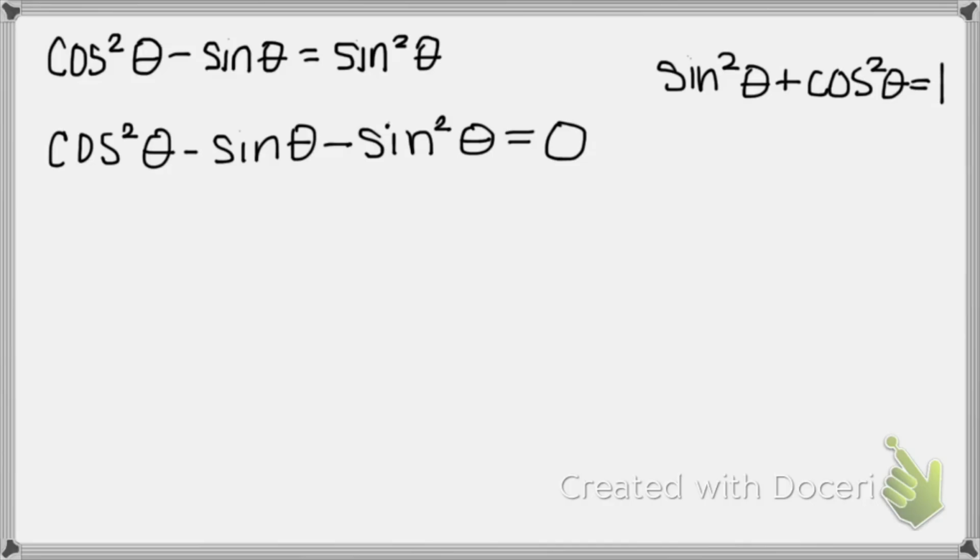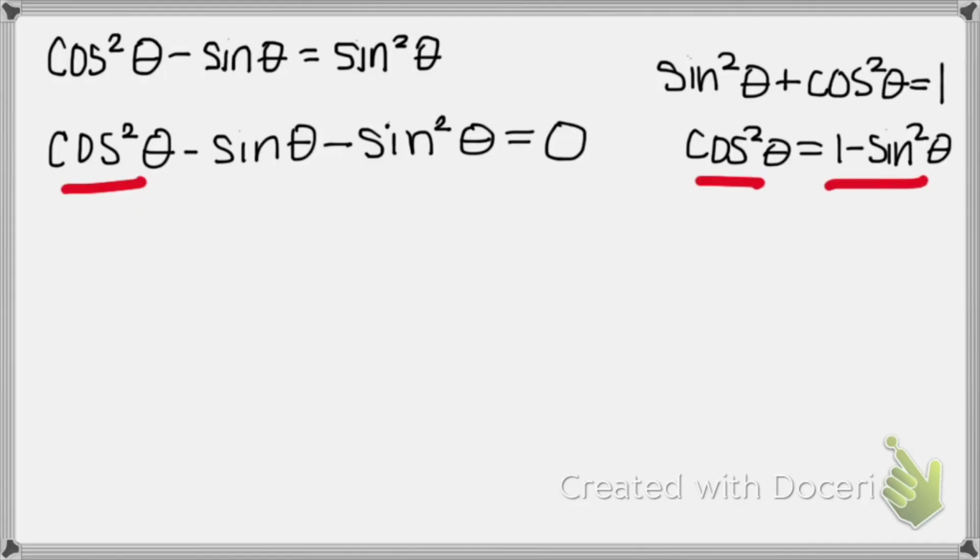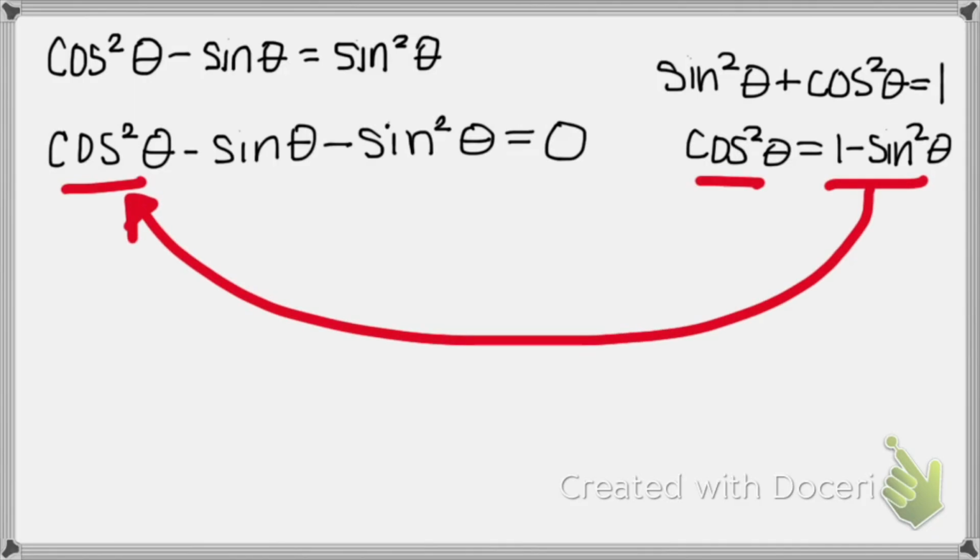So looking at the Pythagorean identity here, I can see that if I solve it for cosine squared, I will have 1 minus sine squared theta. Now you see that? The cosine squared is equal to this 1 minus sine squared. So I can make that substitution.